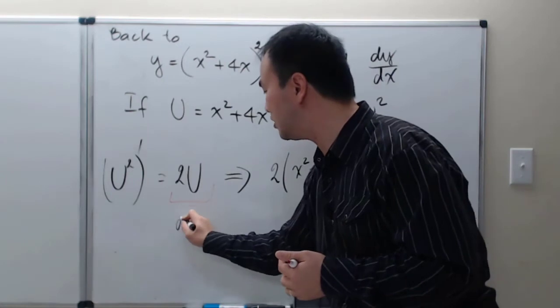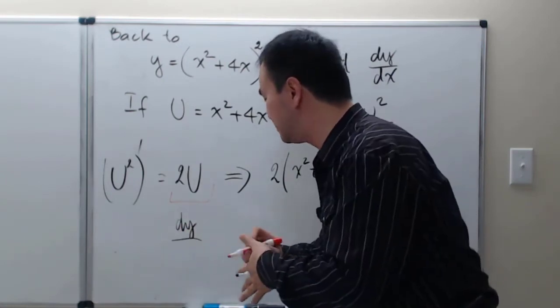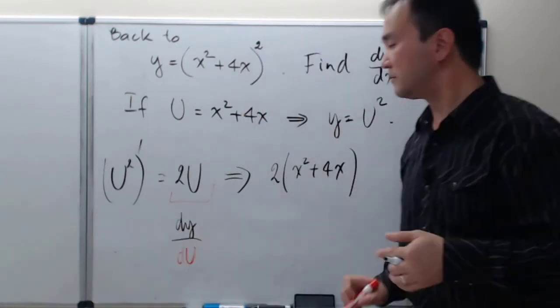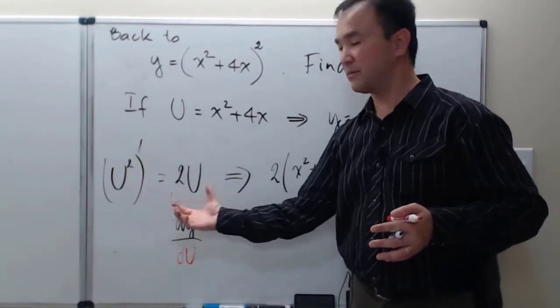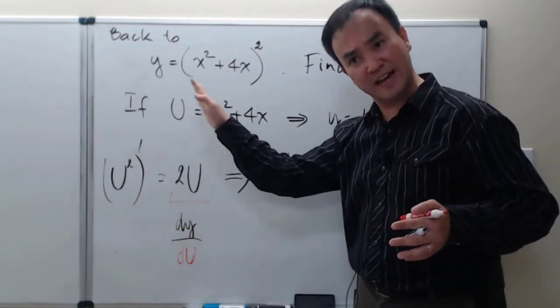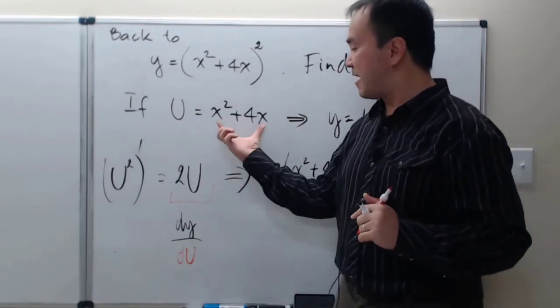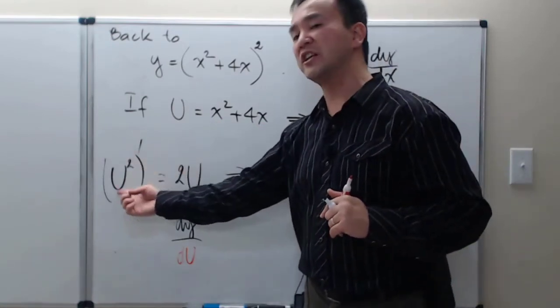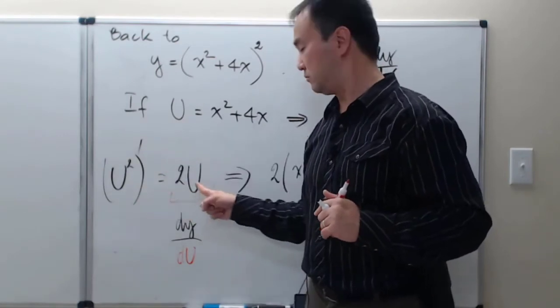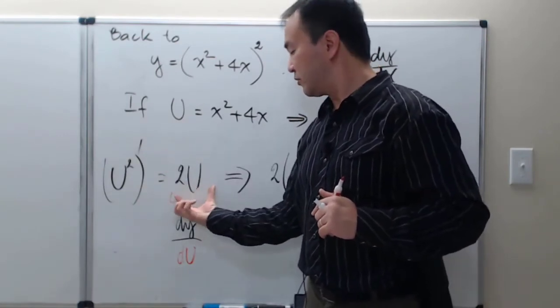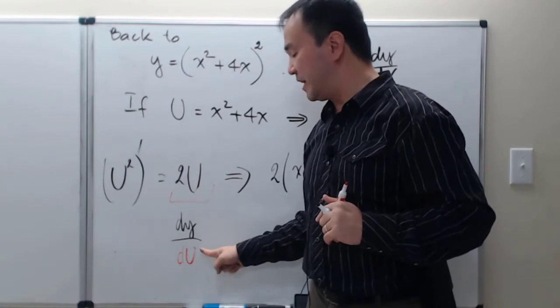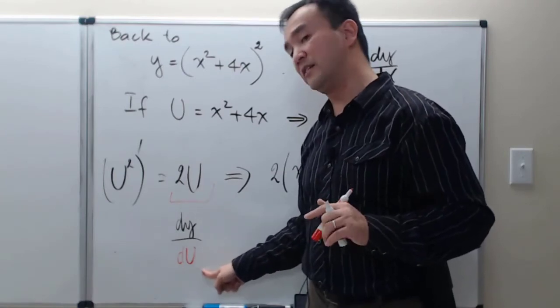This is actually dy over du, because once we made that substitution, that's where another problem came along the way. The problem now is that we completely changed our problem to a new variable. So this derivative is all good, but it's the derivative in terms of the new variable, the variable u.